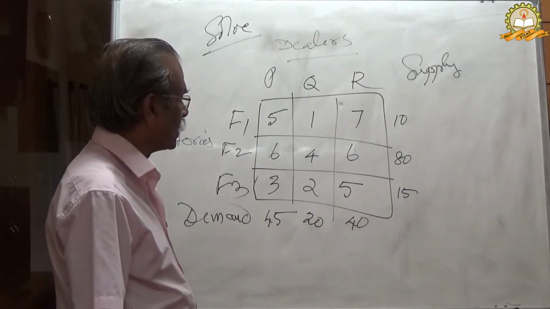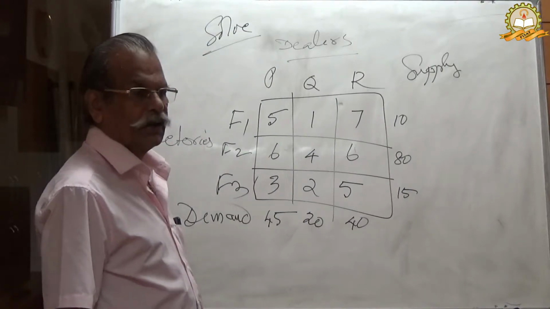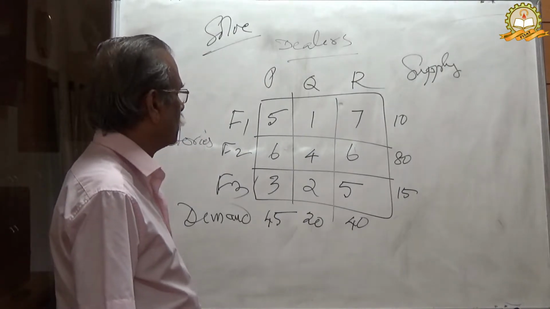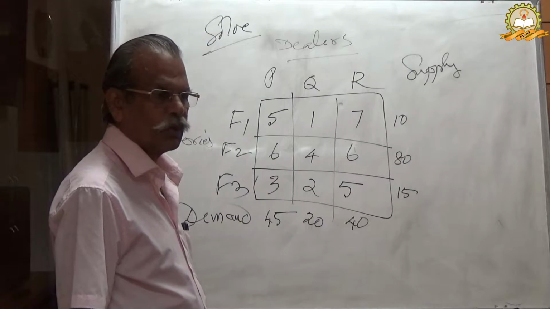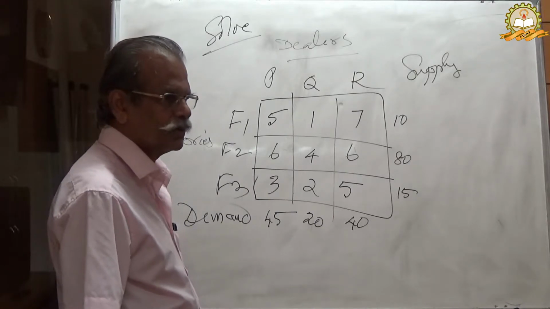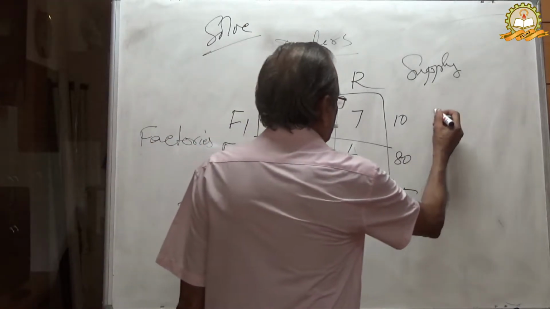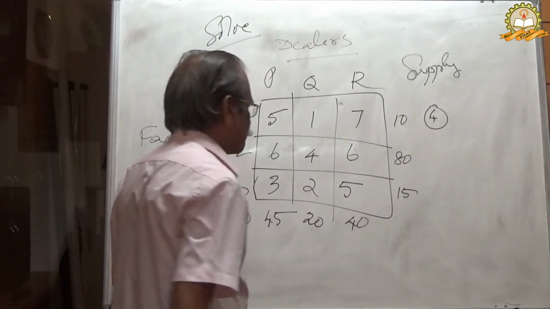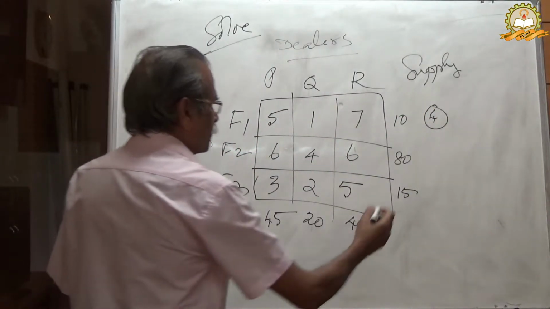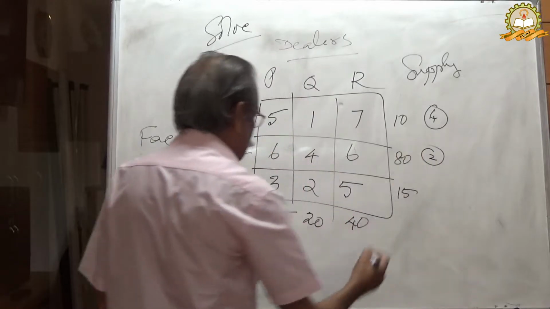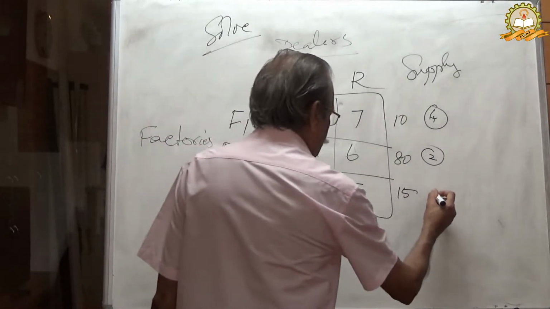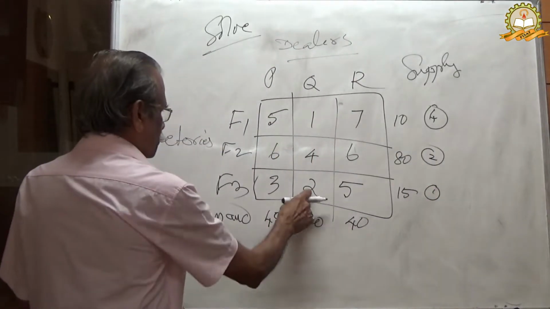Therefore, applying VAM, consider the first row: the lowest number is 1 and the next lowest is 5. Therefore, the penalty is 4. Similarly, in the second row it is 2, and in the third row it is 1, 2 and 3.